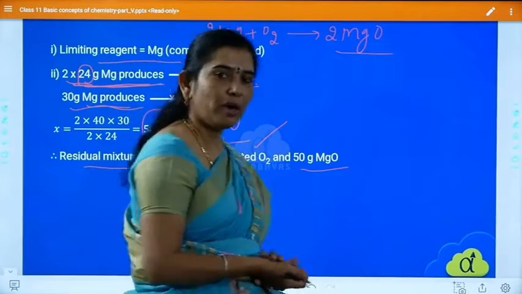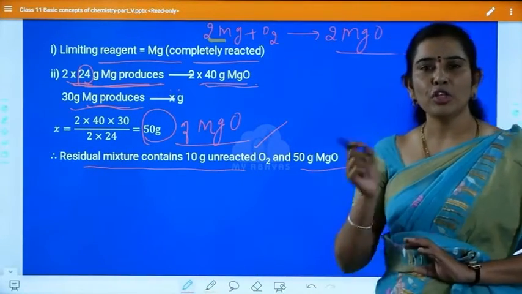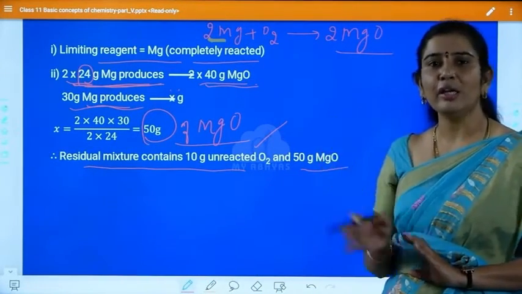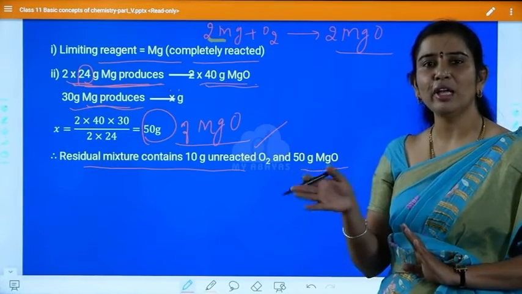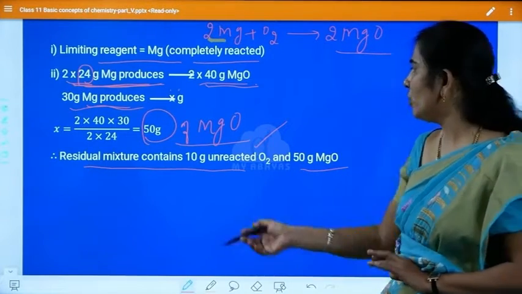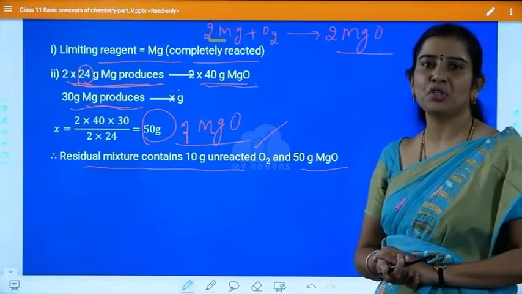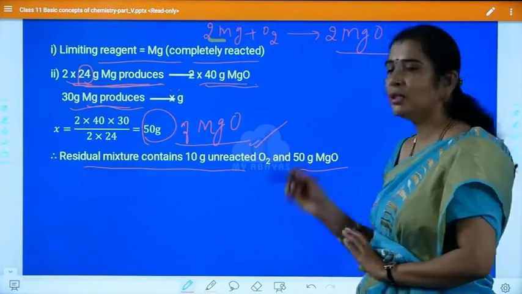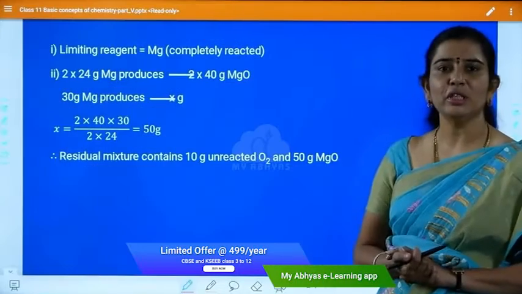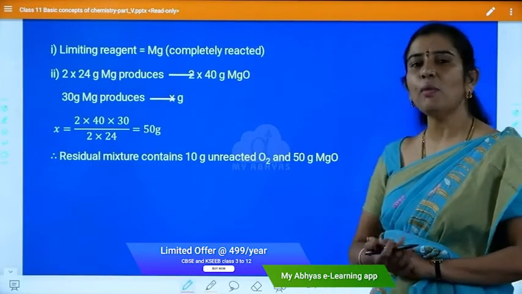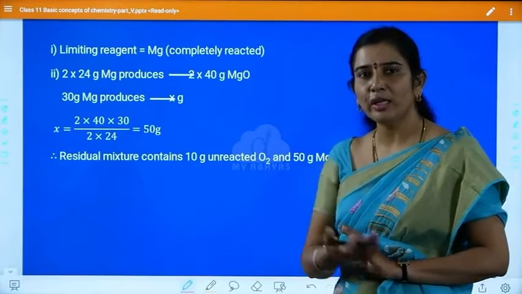What is the product formed, how much, and during that product formation, which element is unreacted and how much of that element remains unreacted, that we call residual analysis. Okay, residual mixture analysis. See, like this you can analyze by using the stoichiometric method. So these are all application parts. So from this what can you tell?